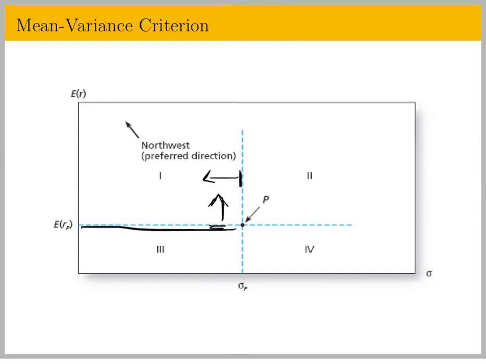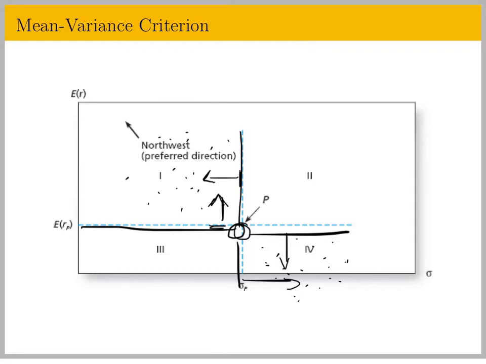That is, anything in this quadrant 1, any portfolio in this region has both a higher expected return and a smaller volatility, and hence is strictly preferred to the portfolio P. On the other hand, any portfolio in this quadrant 4 has both a lower expected return than P and a higher volatility. And those are both undesirable characteristics. So portfolio P is strictly preferred to any portfolio in quadrant 4.